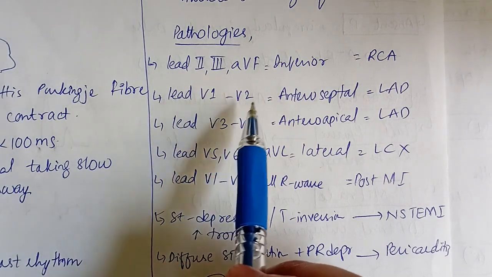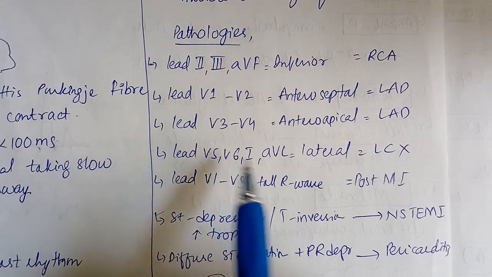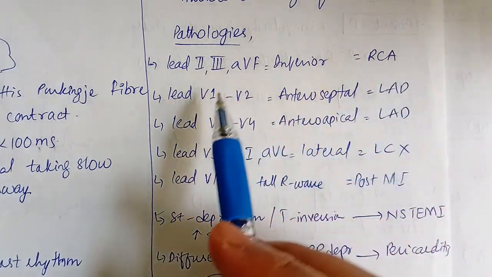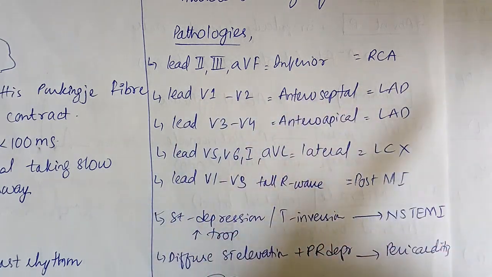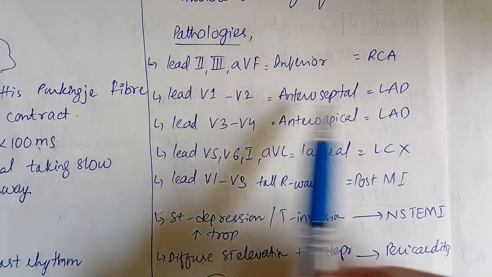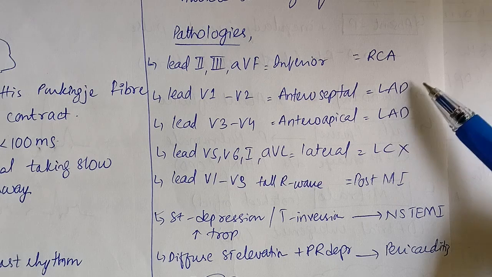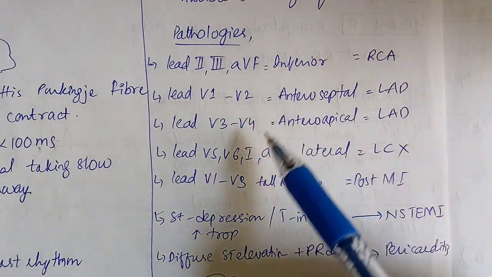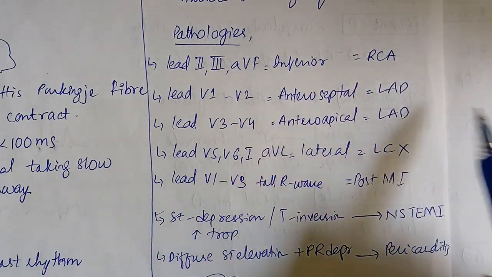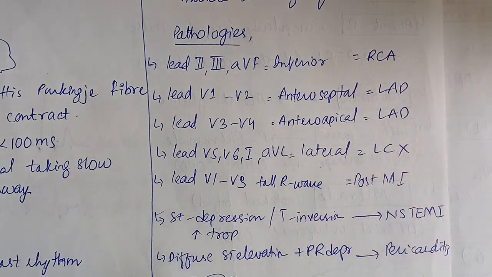Leads V1 to V4 are the anterior leads, and V1 to V2 is anteroseptal, and V3 to V4 is anteroapical, and the anterior part of the heart is supplied by the LAD. So leads V1 to V4 are the anterior leads, and the LAD is the supplier of this part.